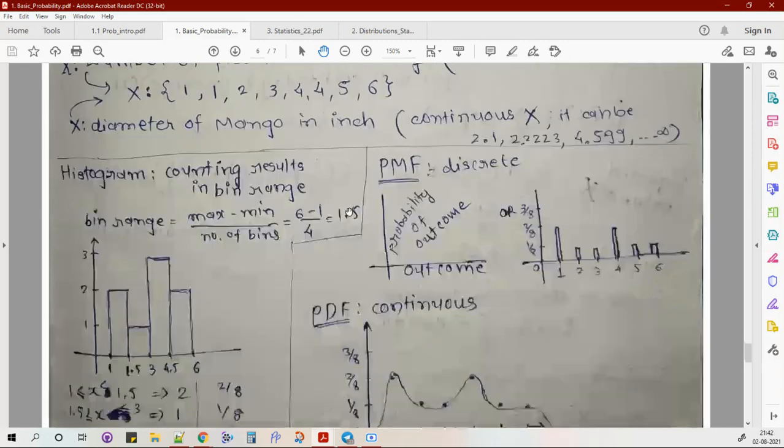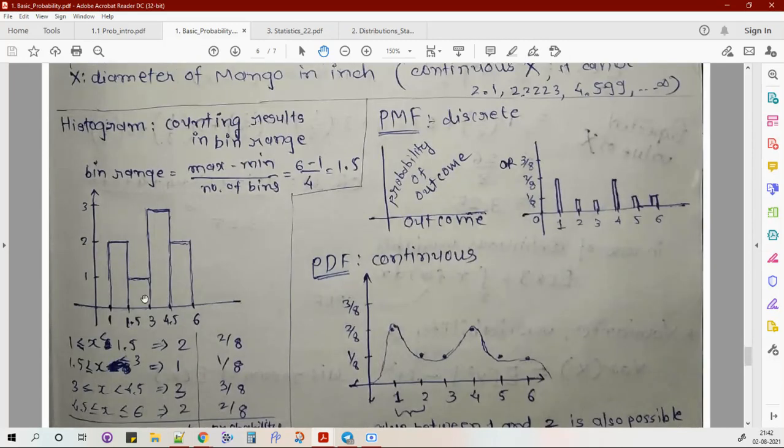No. A histogram is drawn using the bin range. So what is the bin? The bin is nothing but this thing. This rectangle is nothing but the bin. And bin range is nothing but the width of a bin.